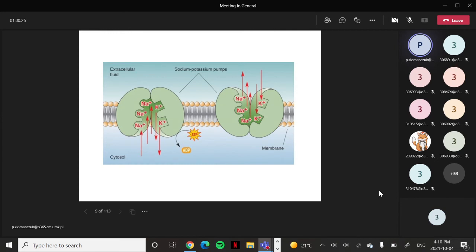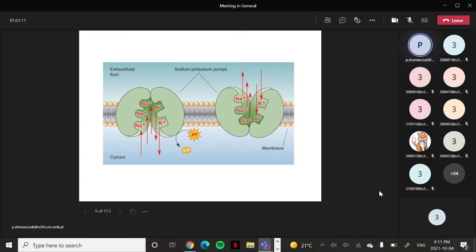But let's think for a moment, what are the consequences of such action of the sodium-potassium pumps? What are the effects of this mechanism of those pumps? You can easily deduce from this simple picture what is happening. Firstly, during the process of moving these ions, 3 positive charges are moved out of the cell, and only 2 positive charges are moved into the cell.